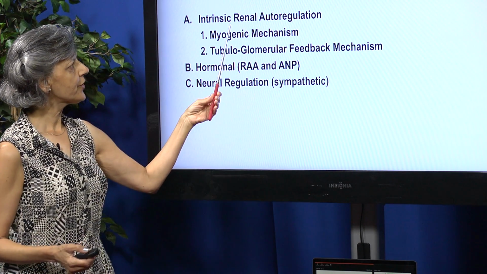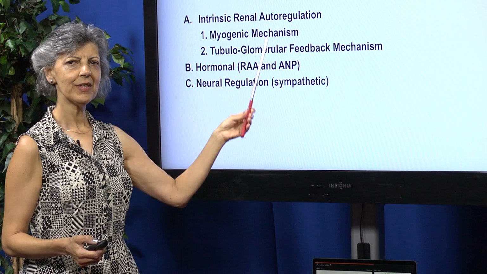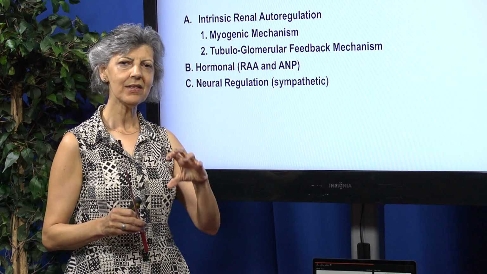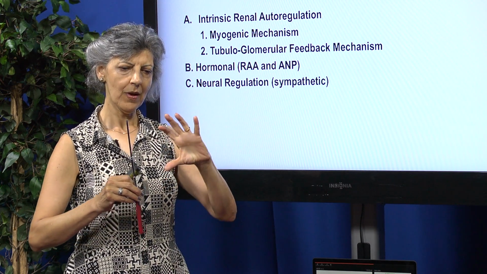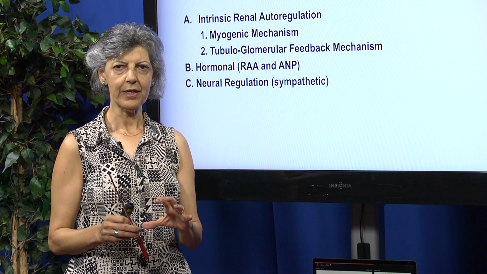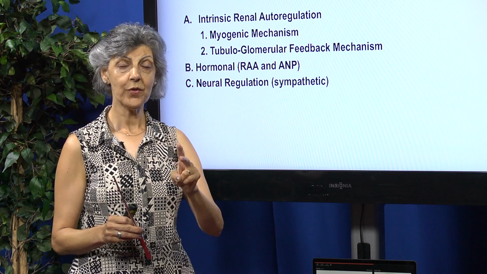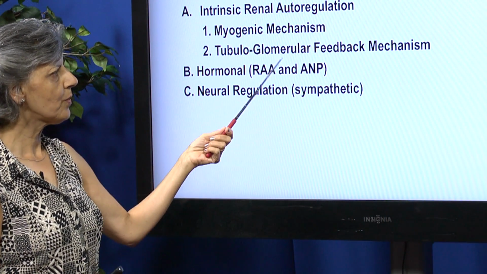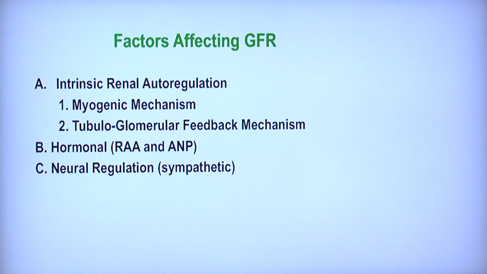We're going to first look at intrinsic renal autoregulation. What do I mean by intrinsic and auto? It means the kidney itself is going to work on regulating the glomerular filtration. We have two of those. We're going to discuss the myogenic mechanism and then the tubuloglomerular feedback.